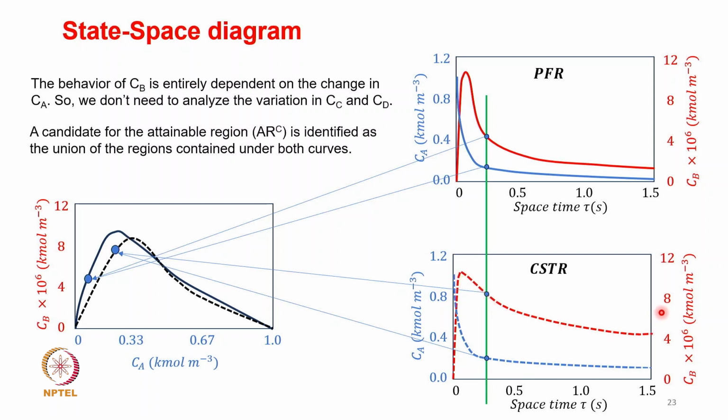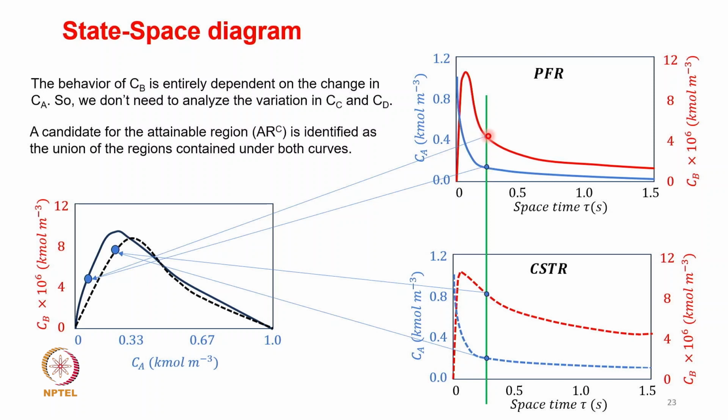So, in the state space diagram, you map these points, your CA and CB, together as a single data point on the curve. The plot is just between CB and CA, and for one reactor you would only see one curve.